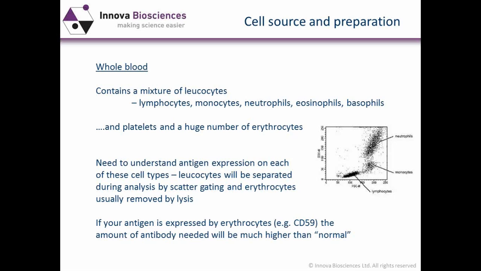Remember that if your antigen is expressed by the red blood cells, by the erythrocytes, you'll need probably a much larger amount of antibody than would be normal, since you already have a large number of red cells that will be expressing that marker. They will effectively soak up that antibody. CD59 would be a good example, which is expressed by red cells, but also by all of the leukocyte subpopulations.